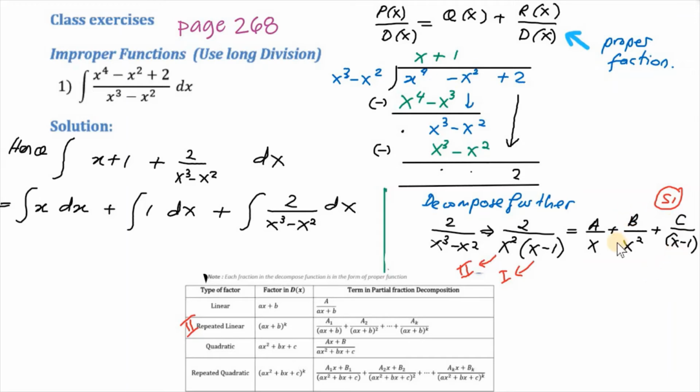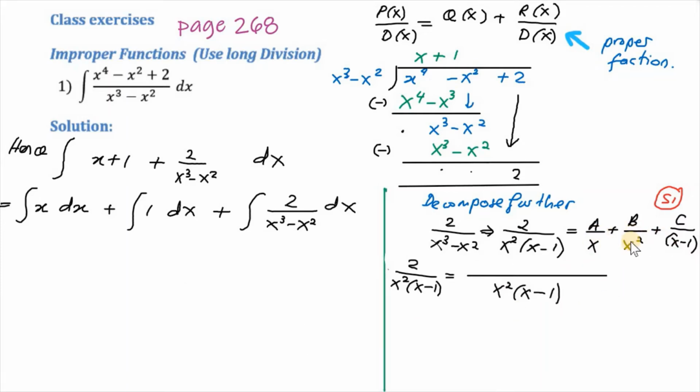So, in order to solve our a, b, c, we need to compare the numerator. To compare numerators, the denominators must be equivalent. So let's get the denominator equivalent: x squared times x minus 1.